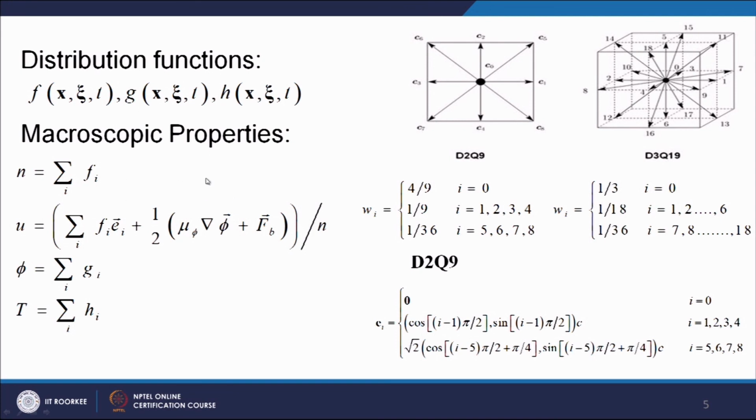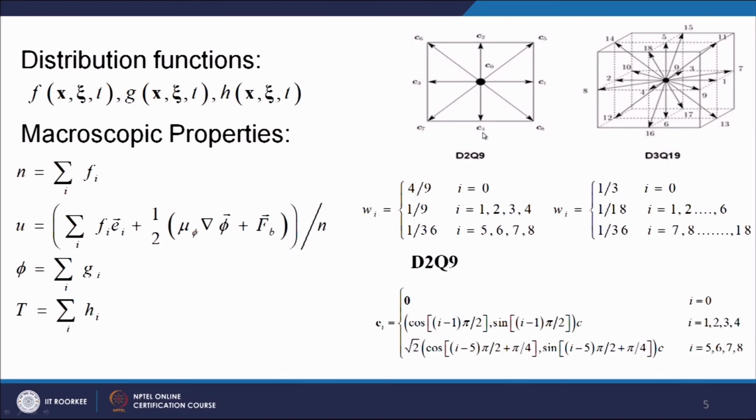In a similar fashion, U can be obtained this way, where Fi I have already explained, and Ei is the lattice directional velocity. For example, for the D2Q9 structure, the 0th direction has 0 0 velocity in the x and y directions, for 1 it is plus 1 0, for 2 it is 0 plus 1, for 3 it is minus 1 0, and for 4 it is 0 minus 1.